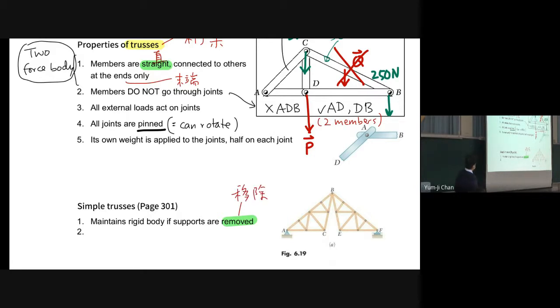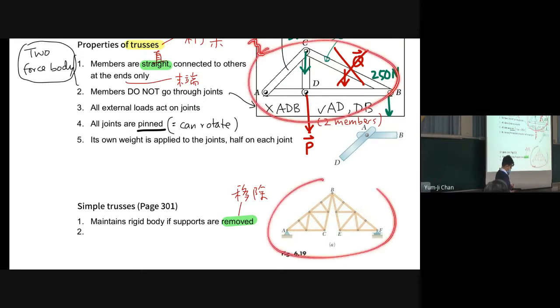For example, this one is a rigid body without the supports. That means it is a simple truss. But this one is not a simple truss.